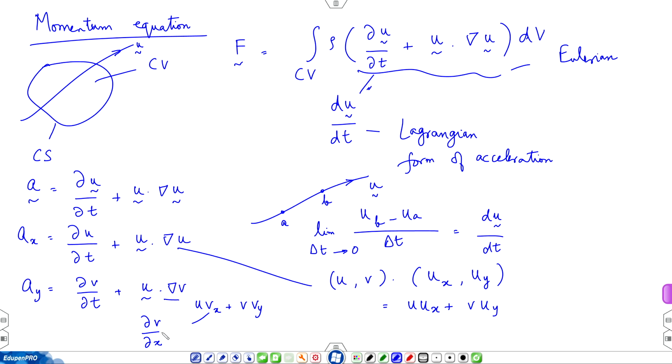Okay. So, a familiar example, in fact, in the tutorial you are given a problem where you have, let us say, a nozzle, and because of the reduction in cross sectional area, the velocity is progressively increasing in the flow direction. So, the derivative of u with x is greater than 0.